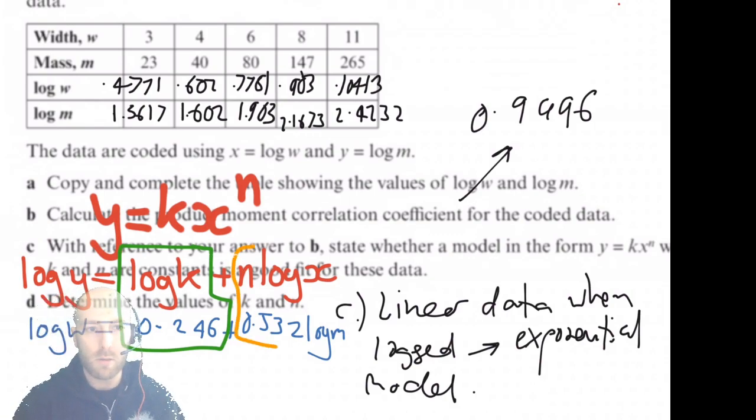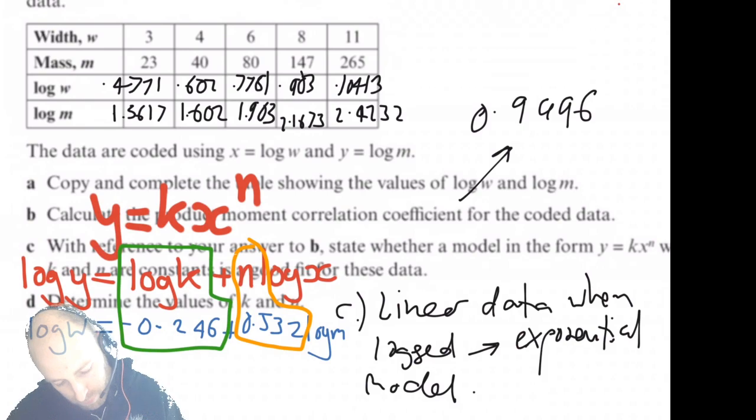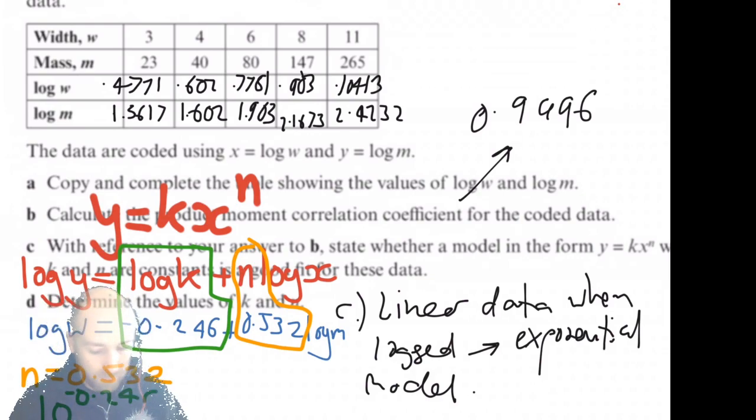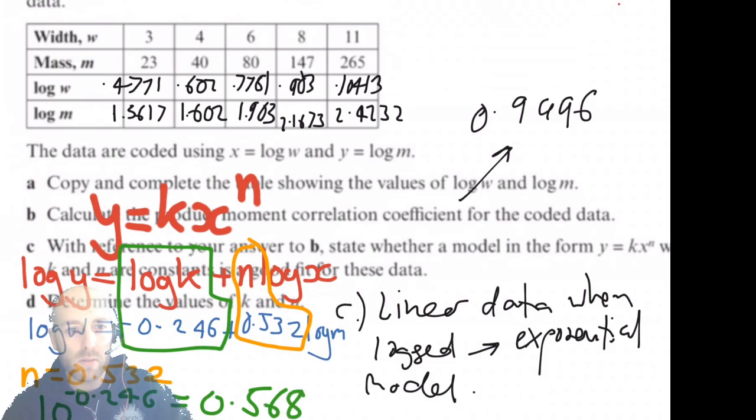So we don't actually need to do anything with n. n is just 0.532. And for k, we're going to do 10 to the power minus 0.246 to find k, and k should come out as 0.568.